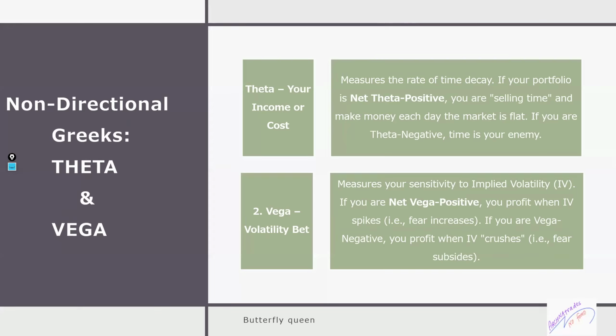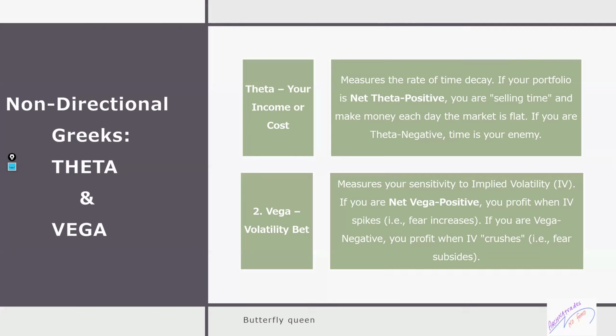So whatever premium you've collected or bought has to decay, because everything that is out of the money goes to zero. All option strikes that are not in the money will go to zero. So theta is either your income or your cost. It's the rate of time decay.